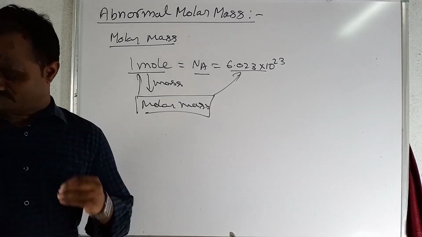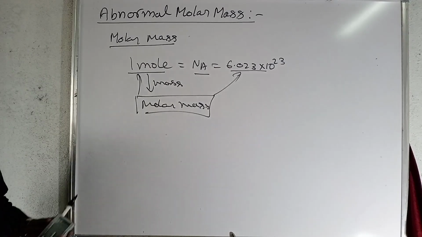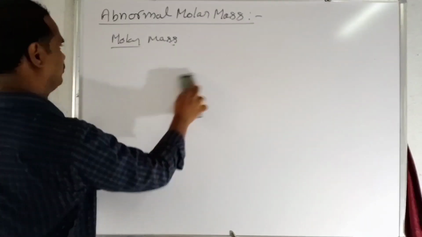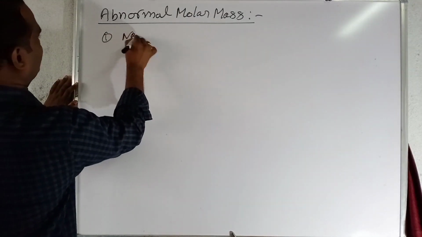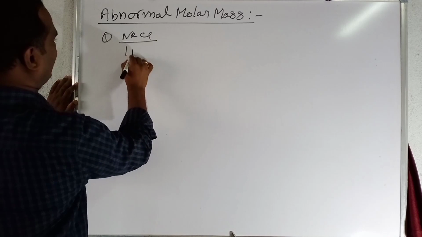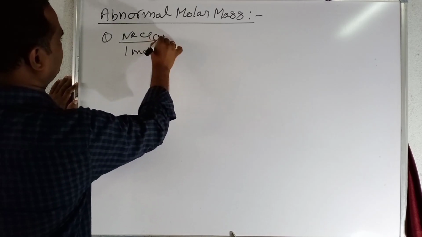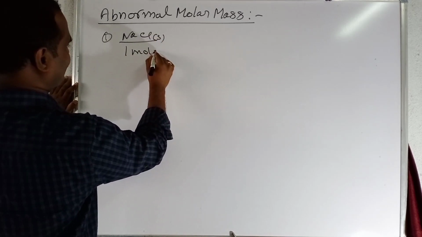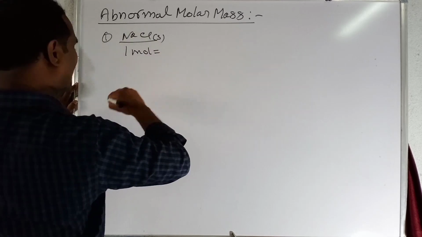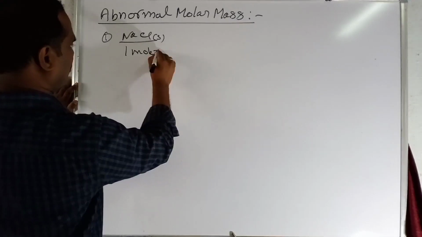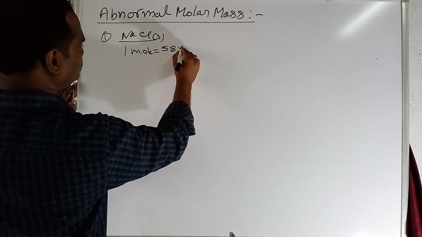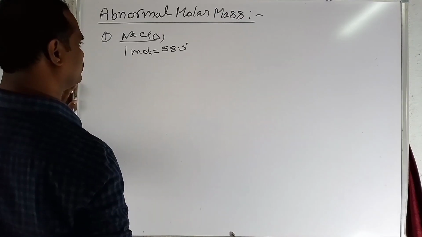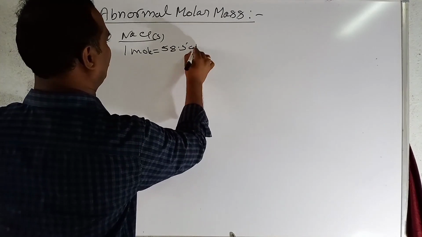Is it clear? When dissolved in water, what will happen? You have to see examples 1, 2, 3 here. First one, NaCl. I have taken 1 mole of solid NaCl. Its molar mass, the mass of 1 mole, is 58.5 gram per mole.